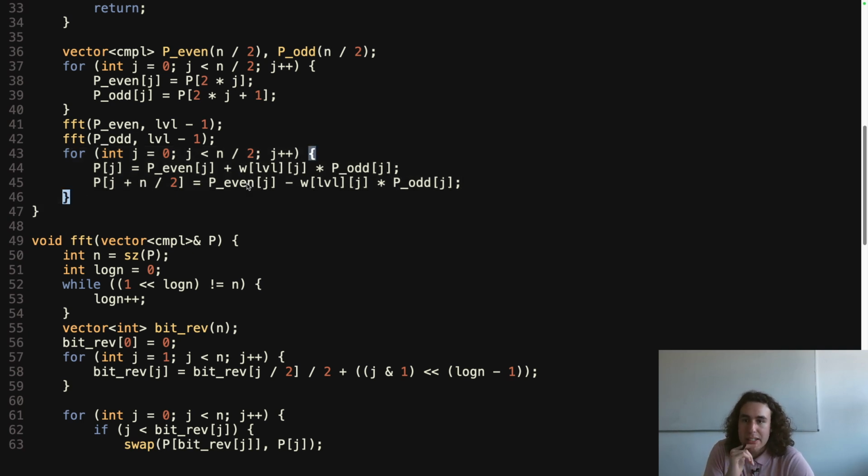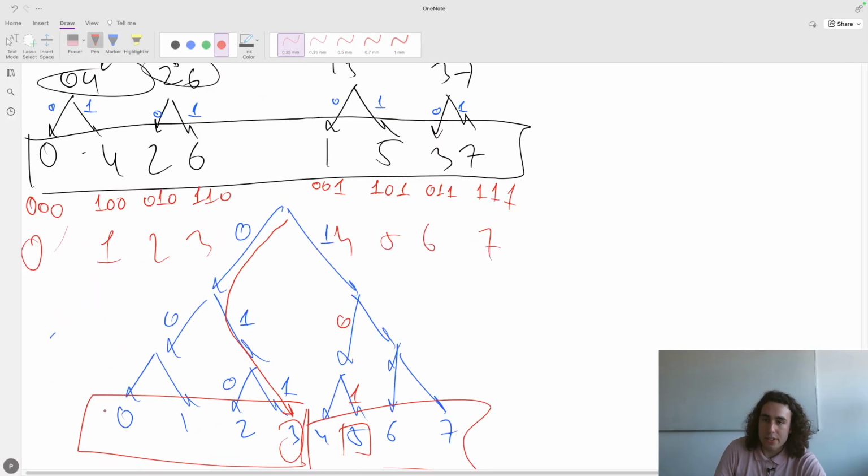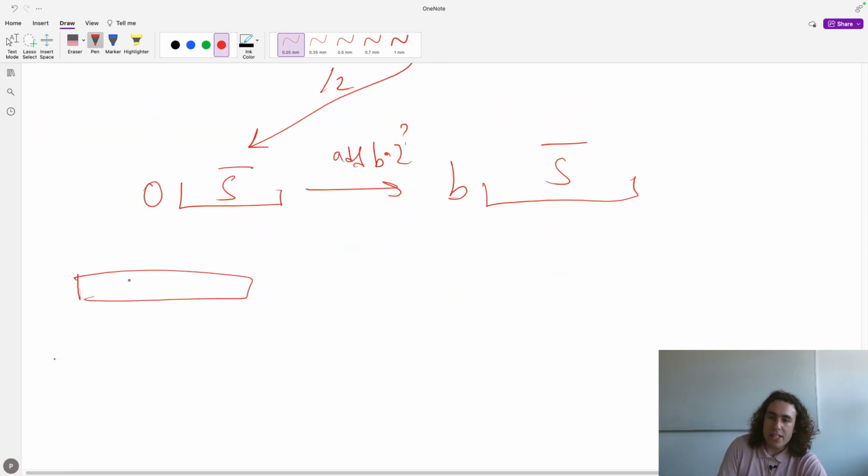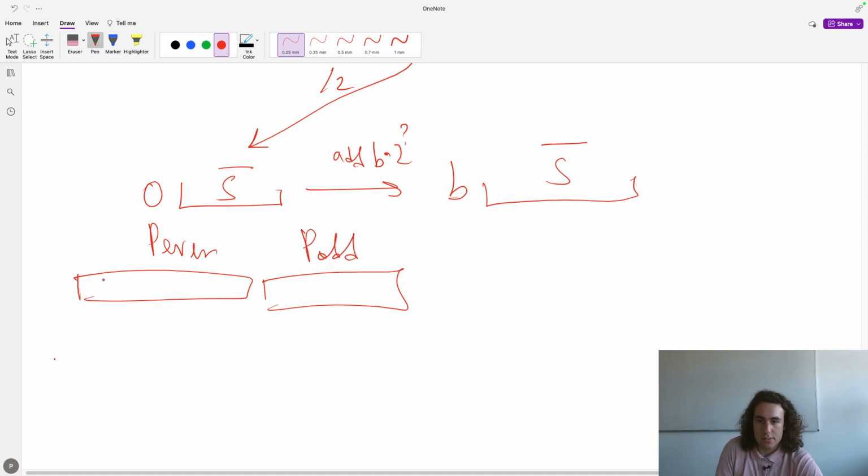And it's interesting because, if we don't use more memory, then what do we have written? We have p even written in the first half of our array, and p odd written in the second one. And now we're interested in indices j and j plus n half.